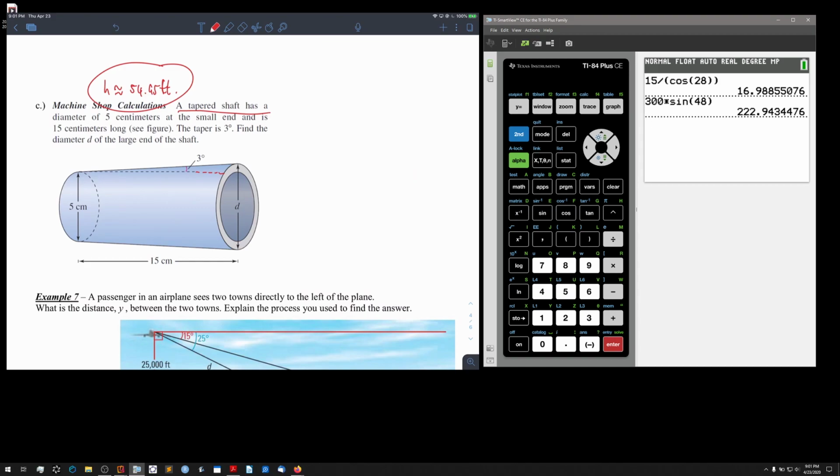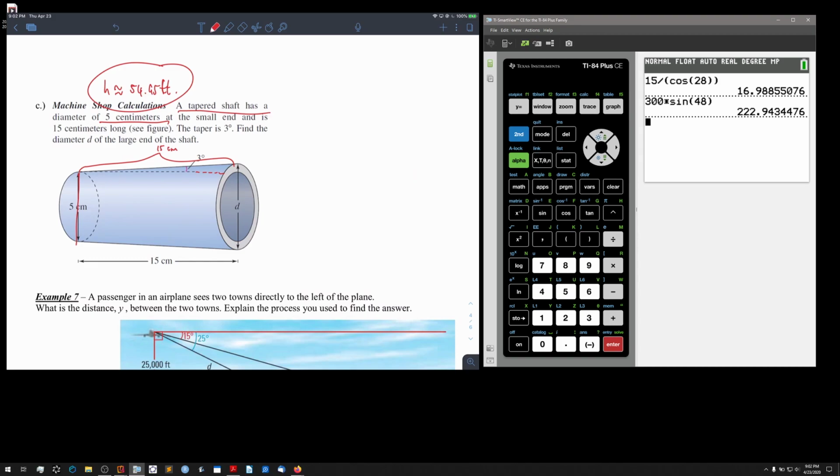Tapered shaft has a diameter of 5 centimeters at the small end, and it's 15 centimeters long. So I'm assuming what they're saying is this distance right here is 15 centimeters. It's not clear actually what they're saying, but that's what I'm assuming.